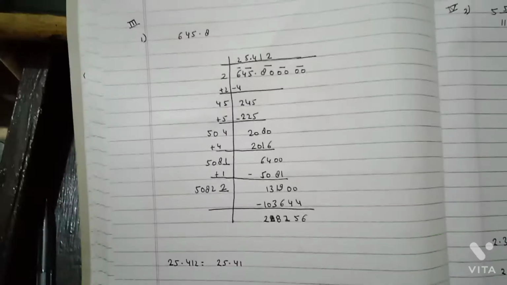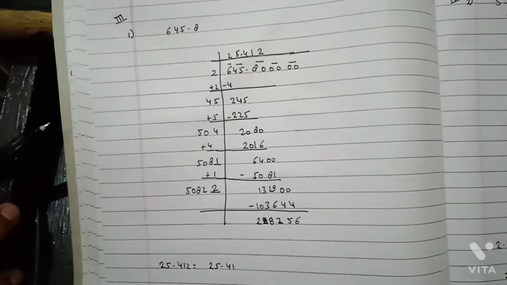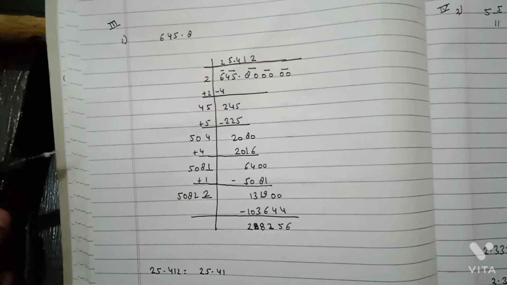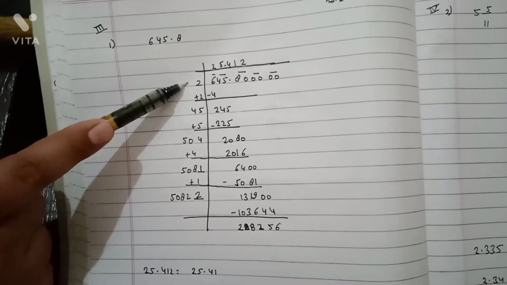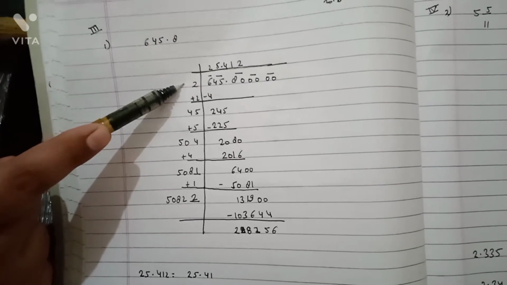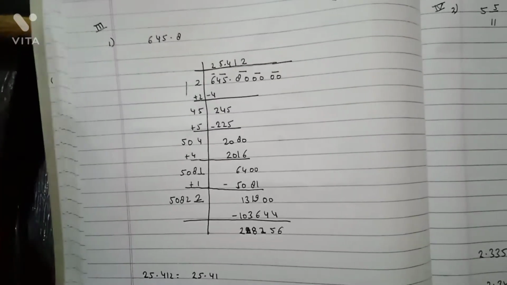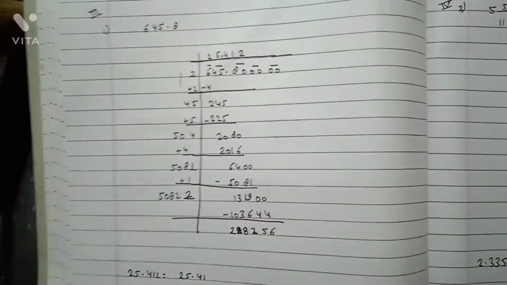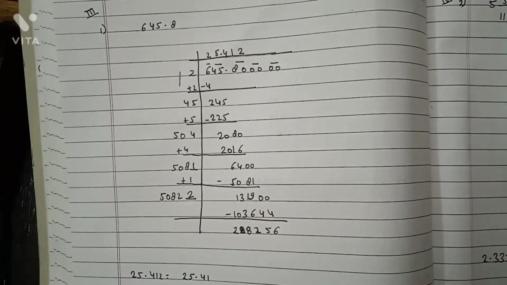So let's see. Here also we have written 645.8, and as we have to find it correct to two decimal places, so we have to take 6 numbers after the decimal point. So at last we will do the rounding off.